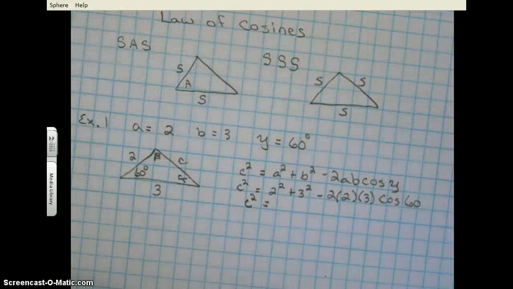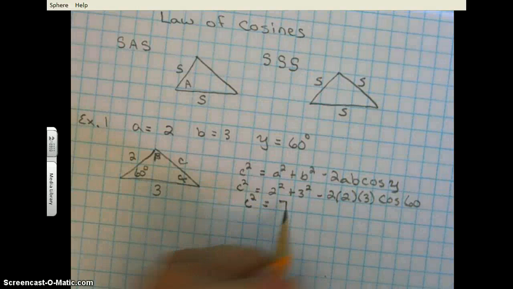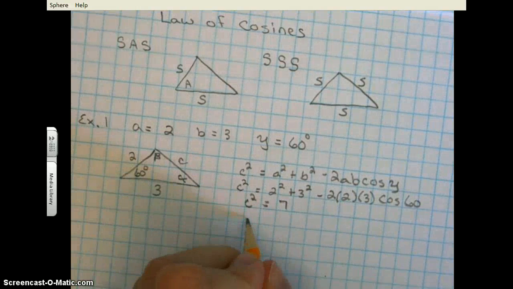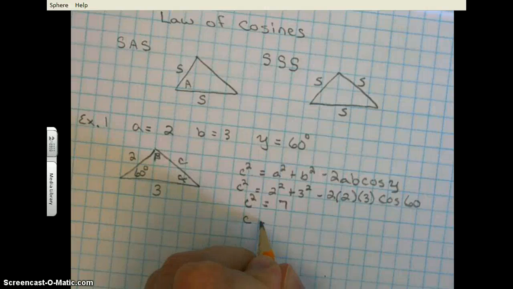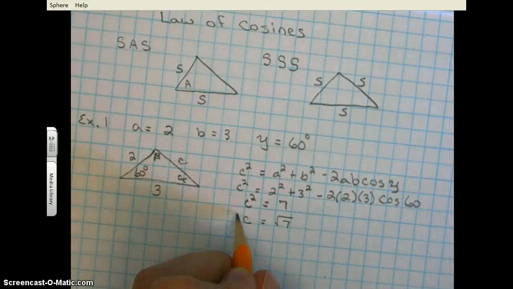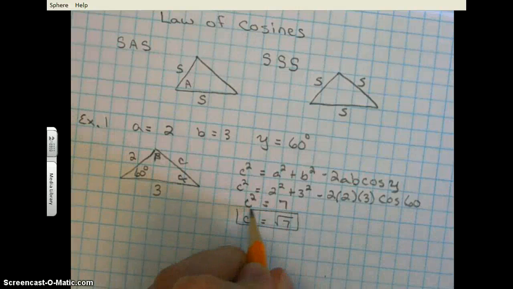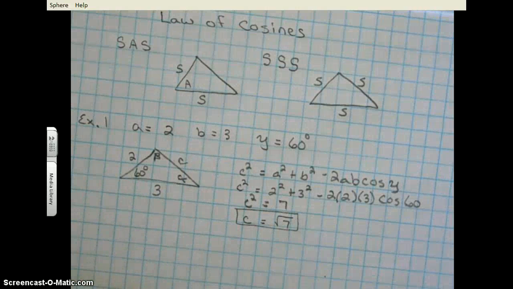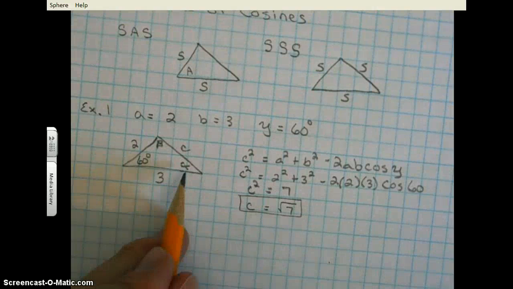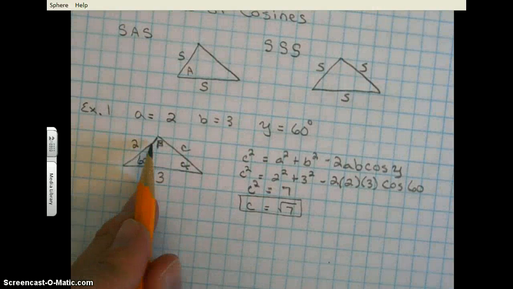C squared equals 7. Take the square root of both sides, don't forget that. And so C is going to be the square root of 7.